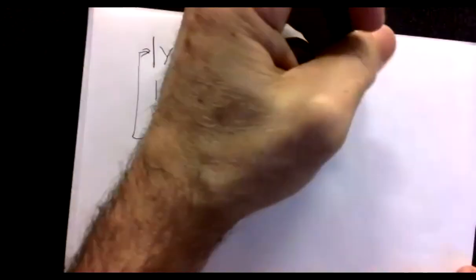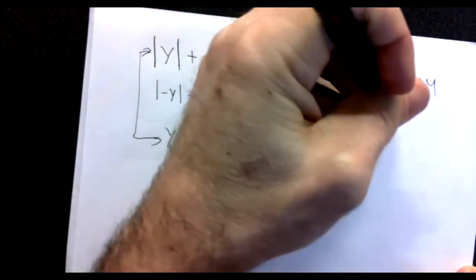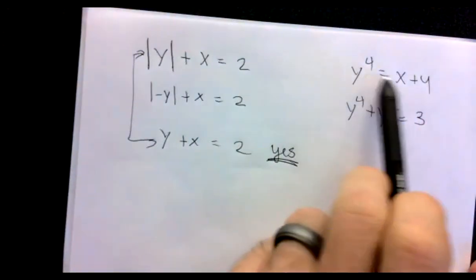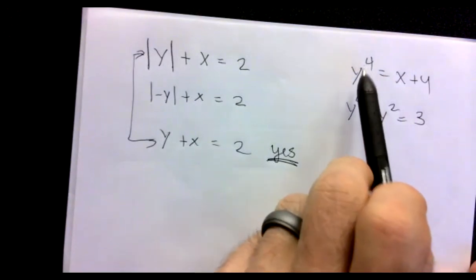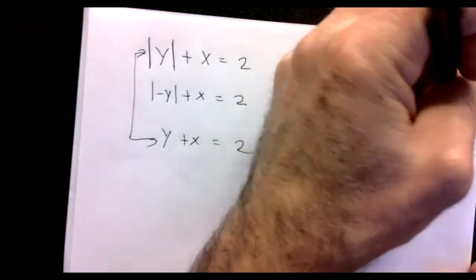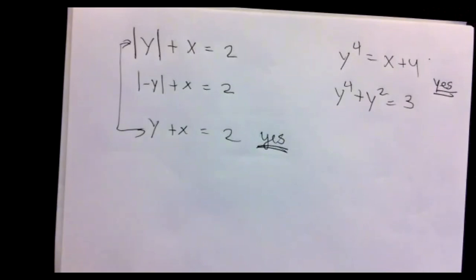So again, y's to even powers. Anything like this. As long as your y's are all to even powers and there are no odd powers of y, these would have symmetry with respect to x.